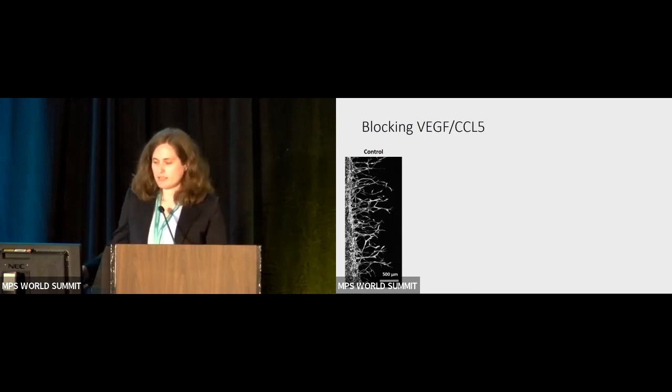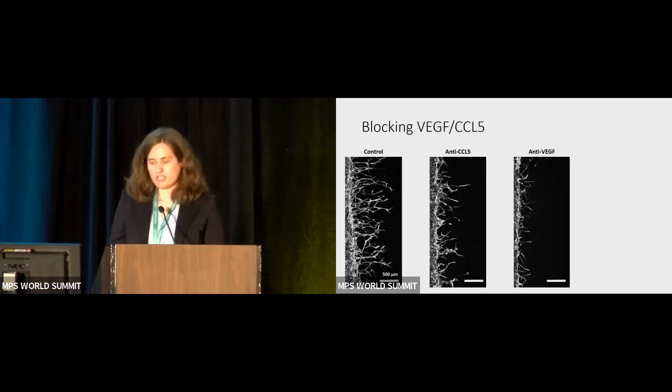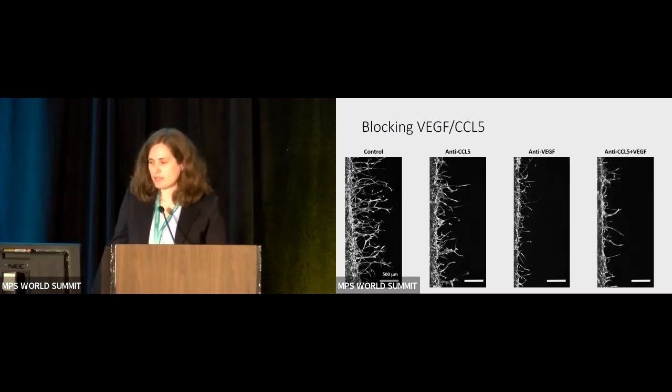And then if we block CCL5, we see a really noticeable reduction in the length, the number, the density of the sprouts. And then furthermore, if we block VEGF, it becomes an even greater reduction in the sprouting. And it looks pretty similar when we block CCL5 and VEGF simultaneously. And so this is all using neutralizing antibodies and a research grade bevacizumab VEGF.